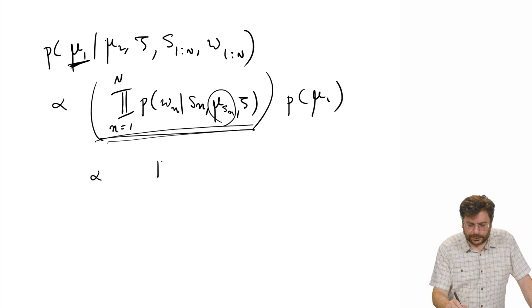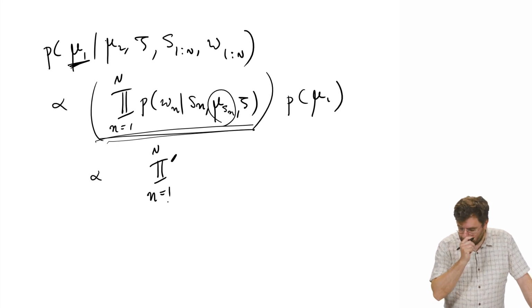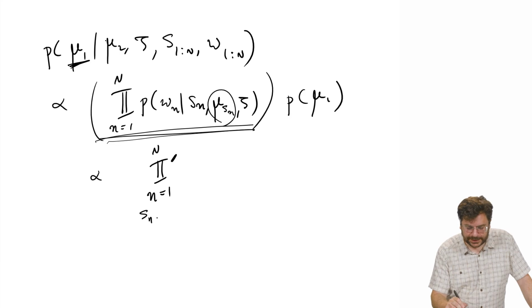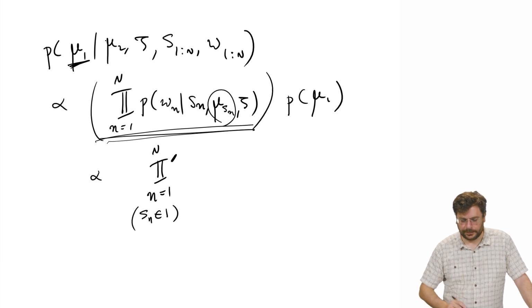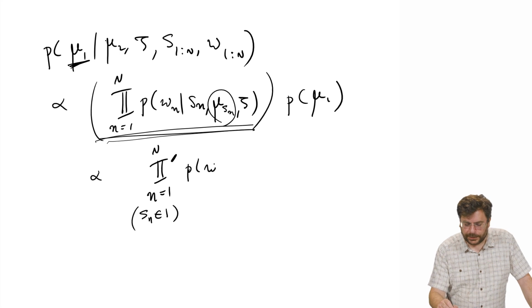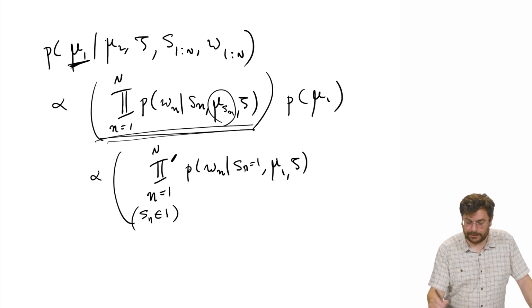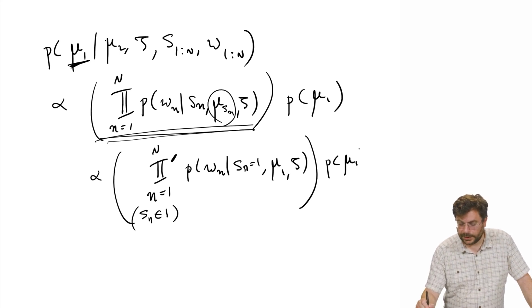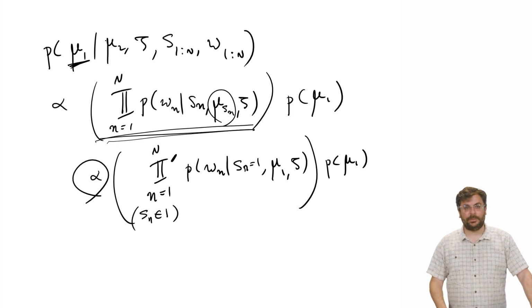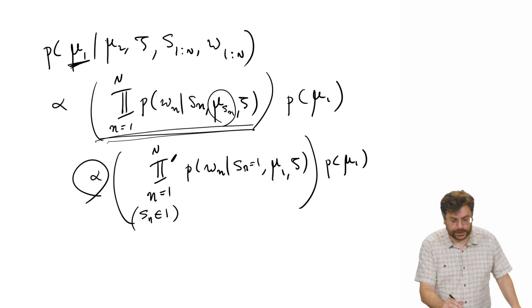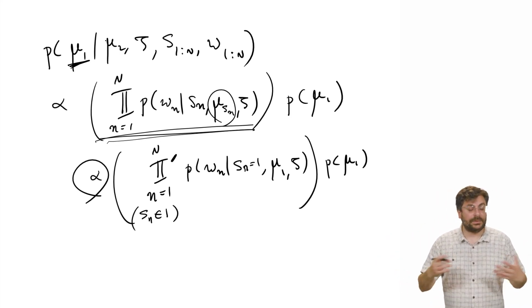So in principle, I can rewrite this as a product, with the understanding that Sn must be 1 here, of P of Wn given Sn equals 1, mu sub 1, tau, times P of mu1. And in this proportionality, I've taken out all the terms in the product where the Sn was equal to 2.